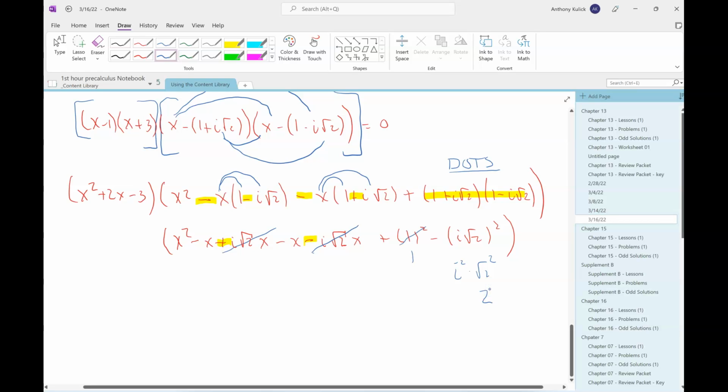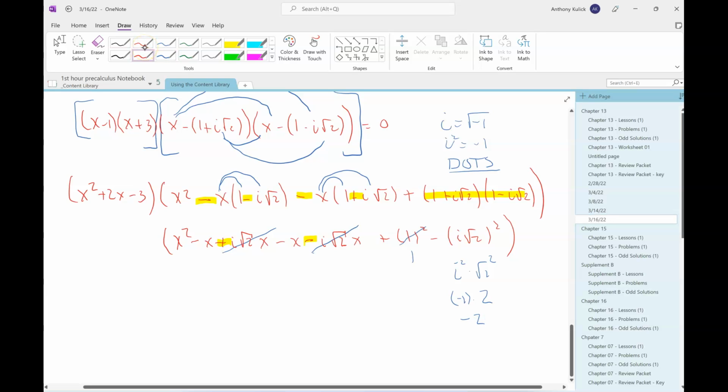And what's i squared? Do you guys remember that? Okay, so remember i was the square root of -1. So i squared is just -1. So this whole thing just turns into -2.